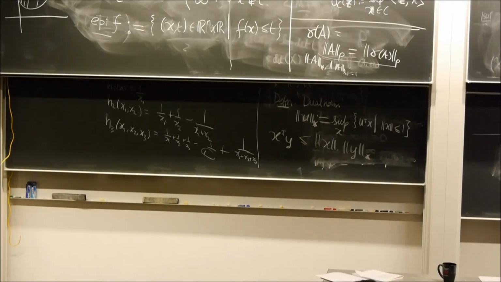I had initially written down the proof to show you, but maybe what you can try instead is to show that f star of z is nothing but the indicator function for the dual norm ball.